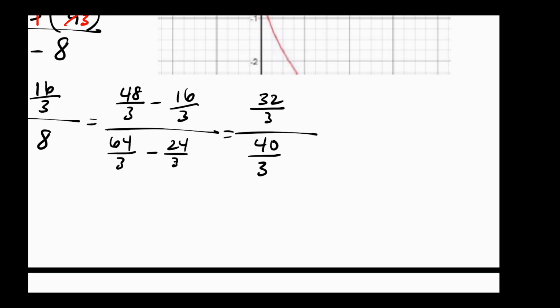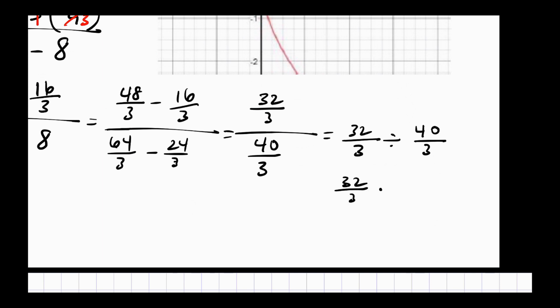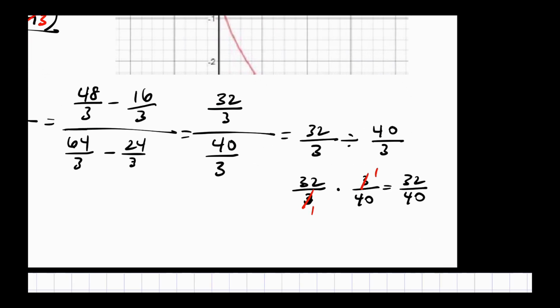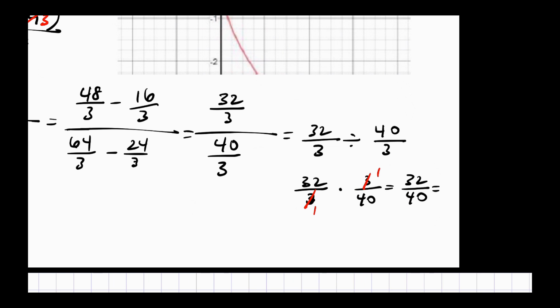So I get 32 over 3 divided by 40 over 3. Keep, change, flip. I get 32 over 40, which reduces to... no, not 1/5.